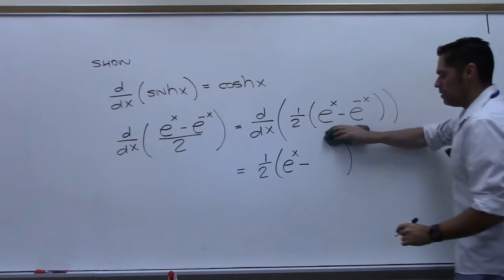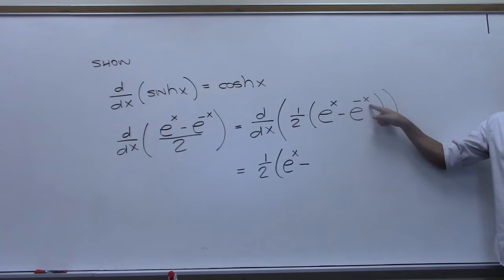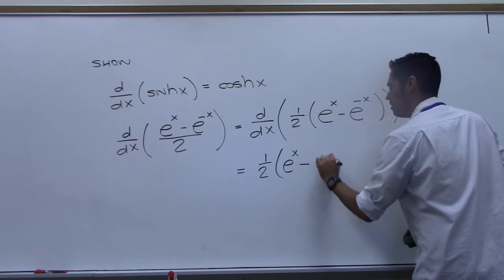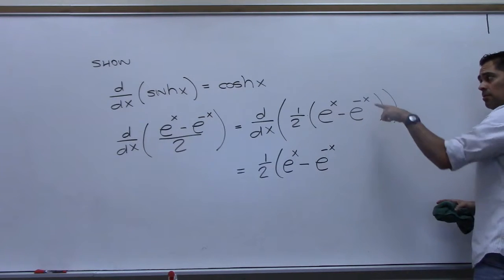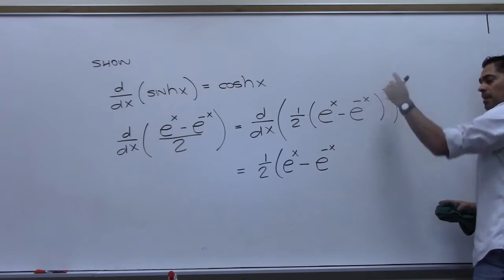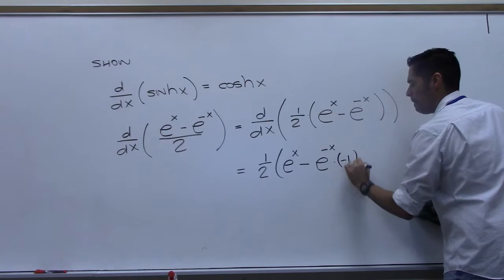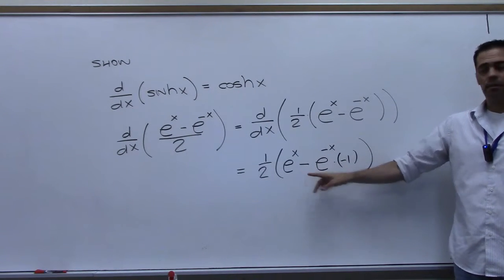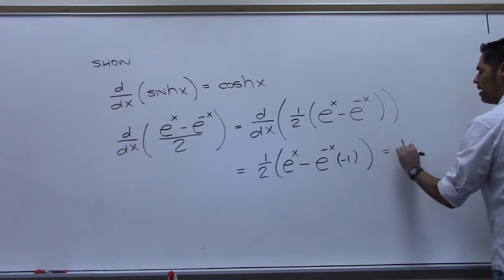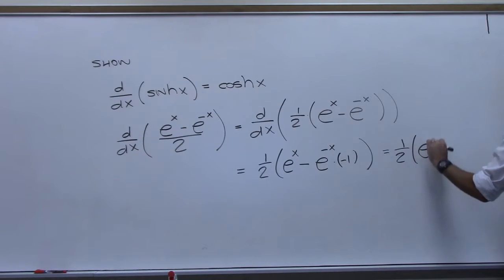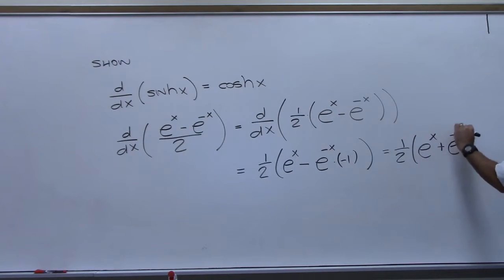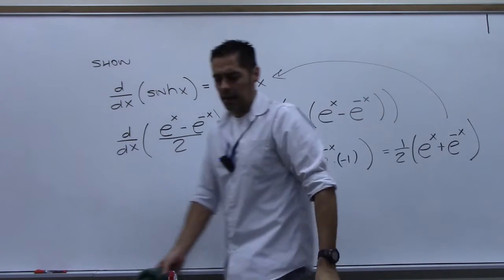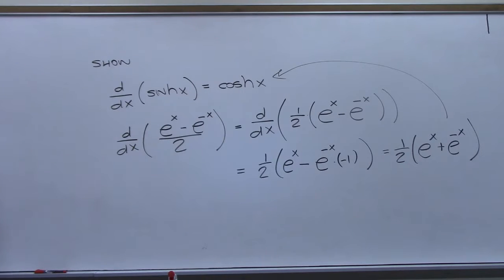Minus the derivative of e to the negative x is itself, right? E to the negative x. But then chain rule, derivative of what's up here, negative 1. And so that negative and negative is going to become a plus. And so you get 1/2 times e to the x plus e to the negative x, which is hyperbolic cosine x, right?